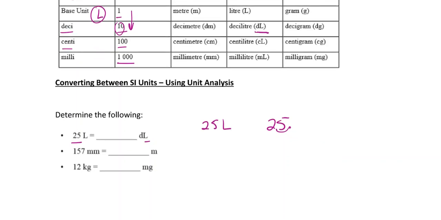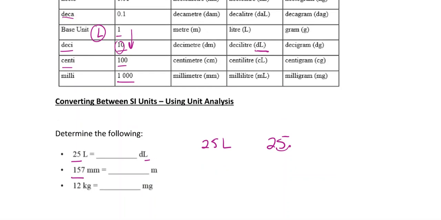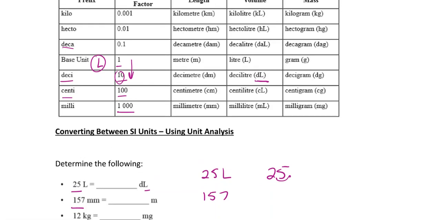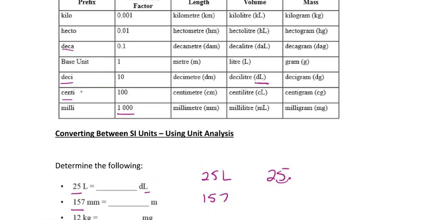Let's do this one. 157 millimeters would be how many meters? If we start off with 157, how many spaces away am I from milli to the base unit? There's 3 spots, so 1, 2, 3. Or it's 1,000, right?